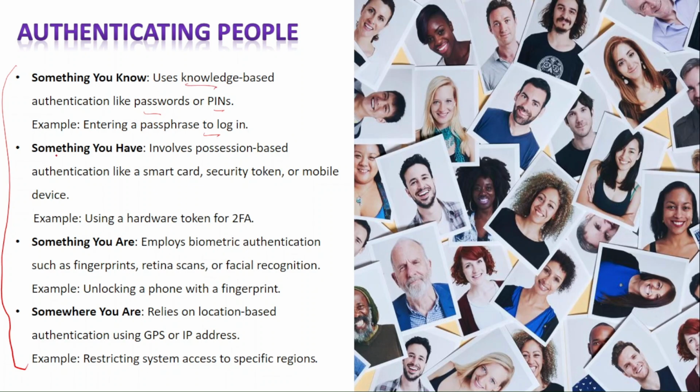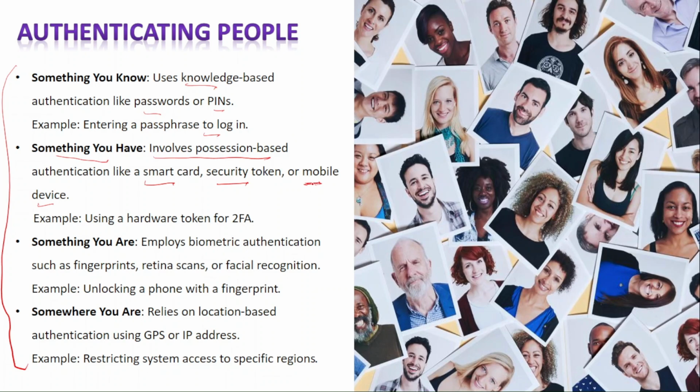The second one is something you have. It means something physical you possess, involving possession-based authentication like a smart card, security token, or mobile device. When you log in to Gmail or Yahoo and you receive an authentication code on your mobile device, that is something you have. If you have the smartphone, you can log in.